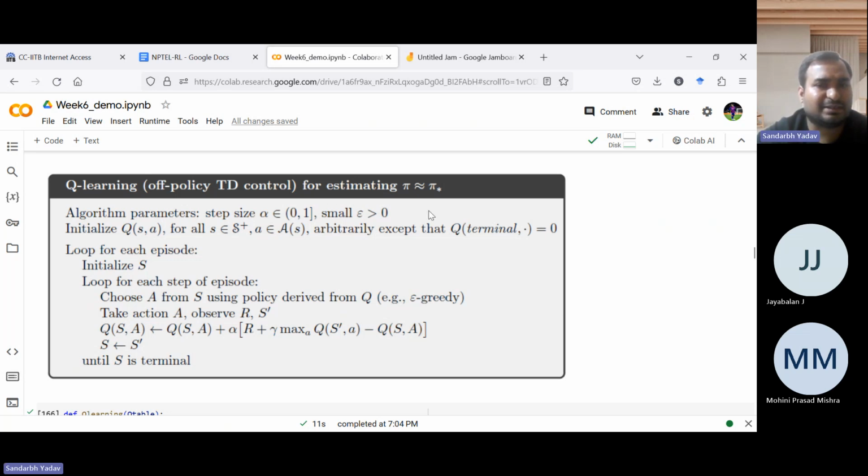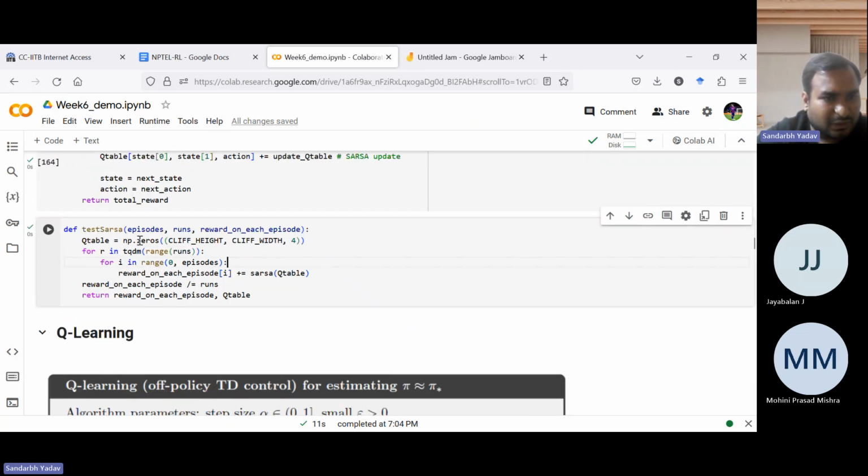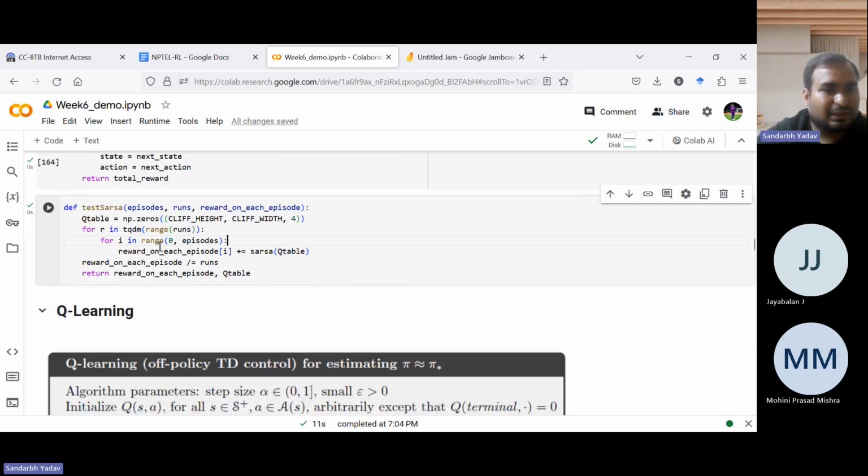Gamma we are taking as 1. Again, similar to SARSA, we have initialized as 0, and the start state, all the terminal states are initialized as 0. Maybe I'll show it for SARSA here. So this np.zeros is doing this zero initialization.